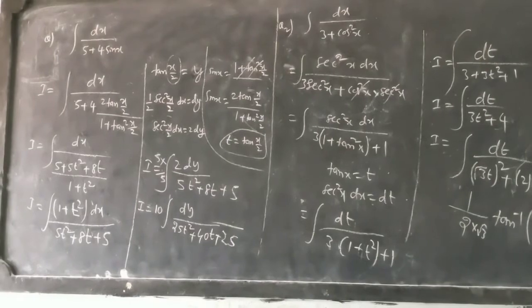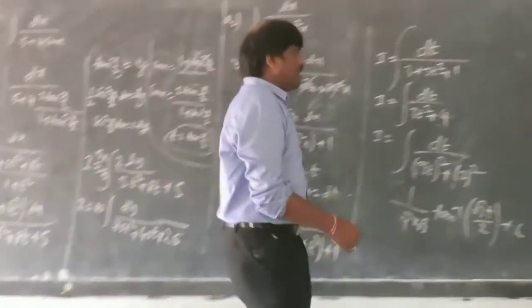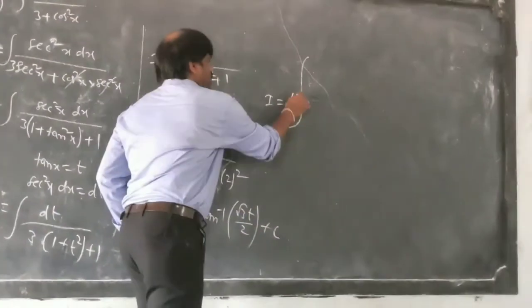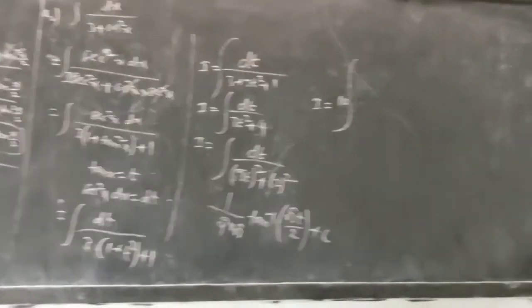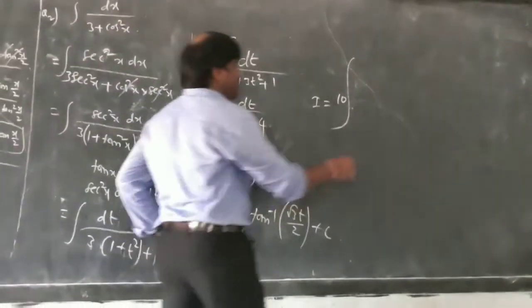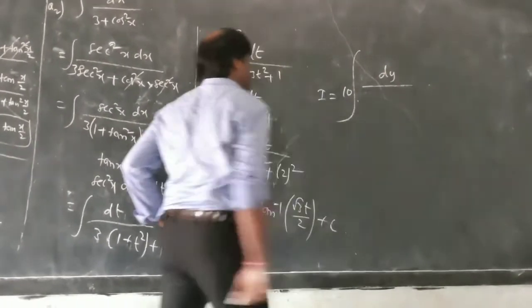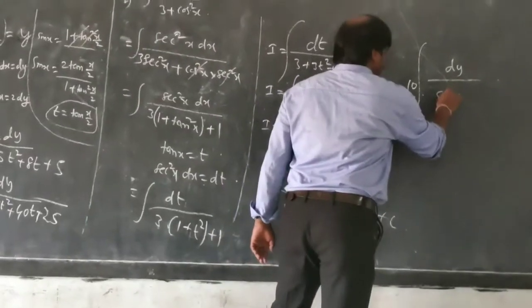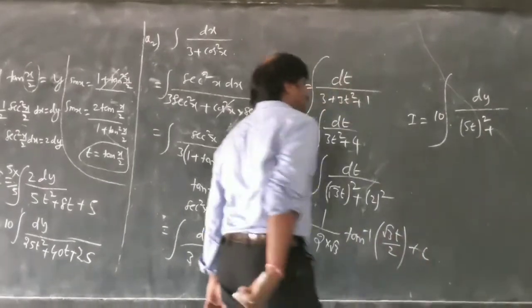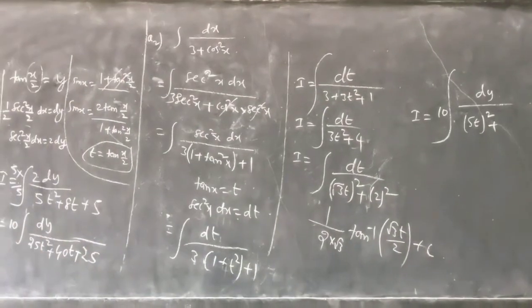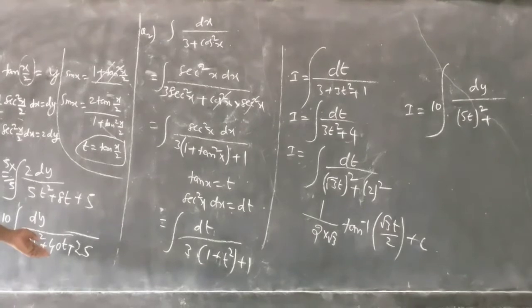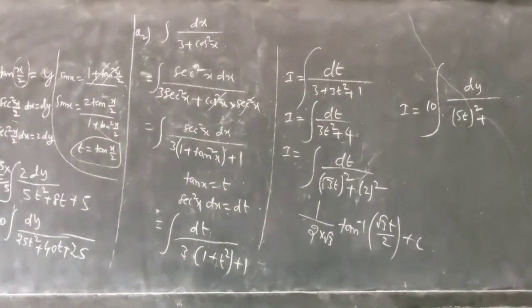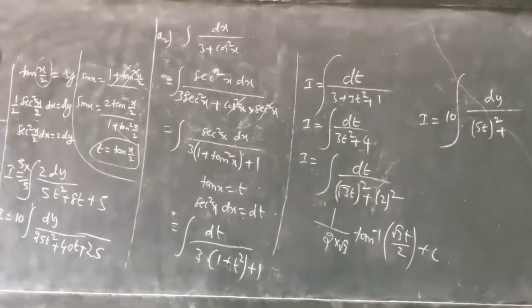Hope you understand. Let's see the final answer. I is equal to 10 into dy upon 5t whole square plus, you can see which formula it looks like, a complete square method, a plus b whole square.